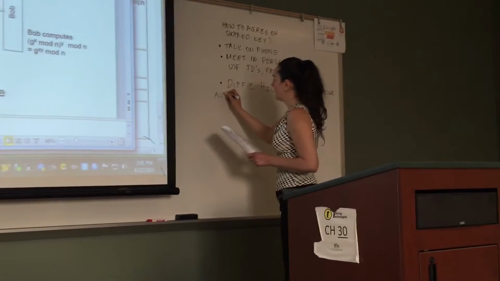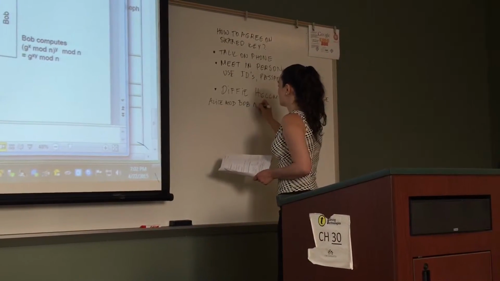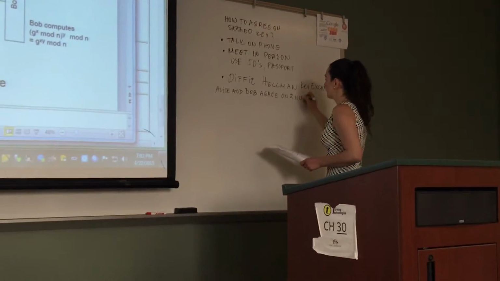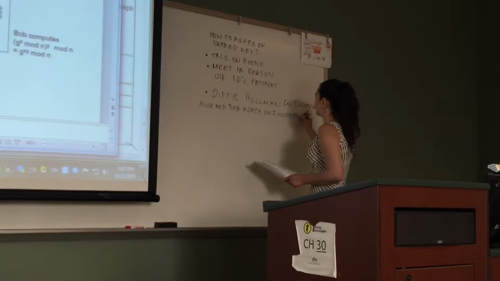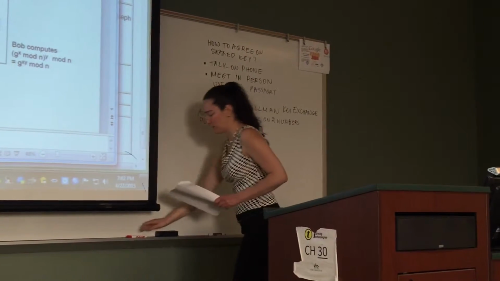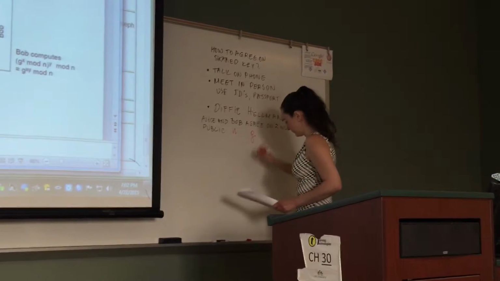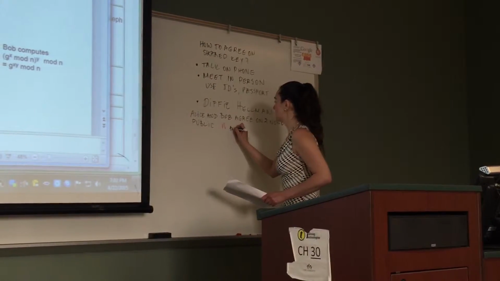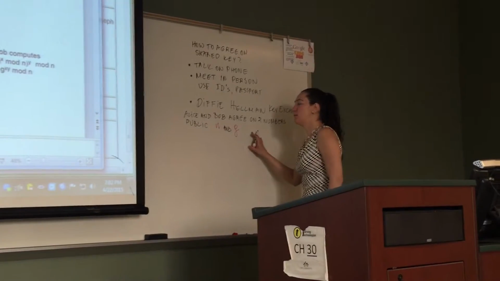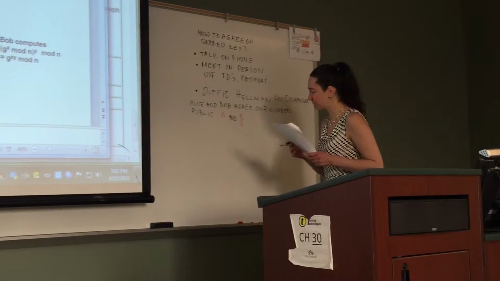but Alice and Bob would agree on two numbers which are public. The numbers, we call them N and G. They are public, which means Trudy can copy them, and then, for example, Alice can pick them and send them through the network.